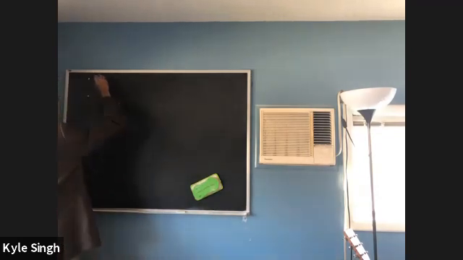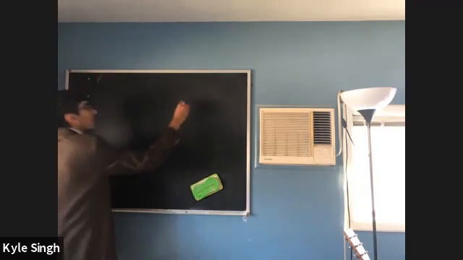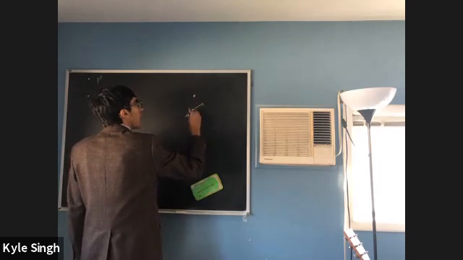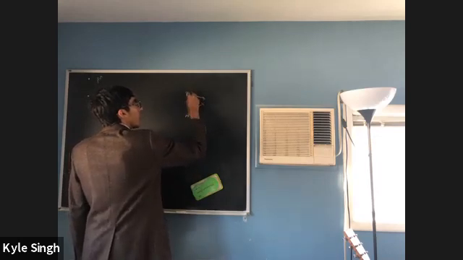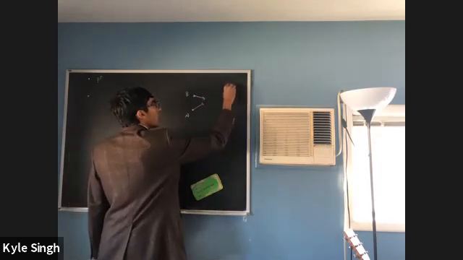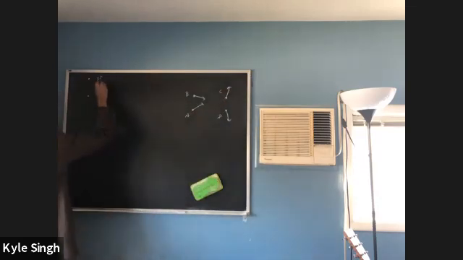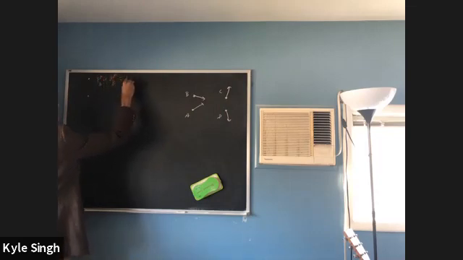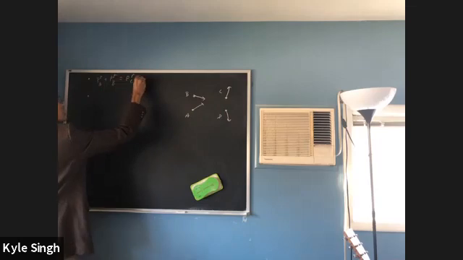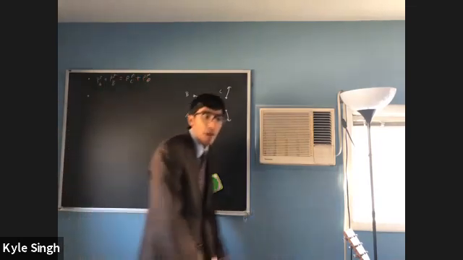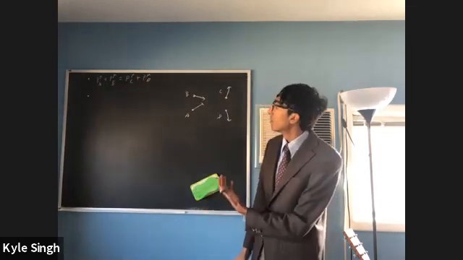You always have momentum conservation. So let's say you had A and B colliding and C and D moving off, you would always have momentum conservation. Right? That the ingoing momentum equals the outgoing momentum, right?